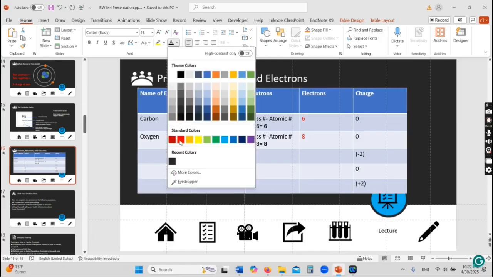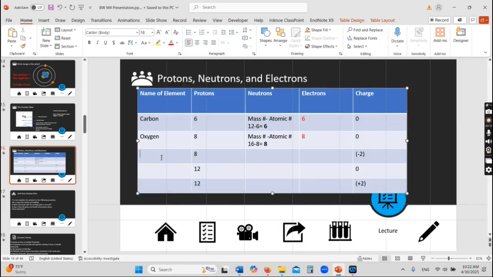Coming up, we're going to have an example where a charge is not 0, and we will walk through that. Again, 8 protons is going to be the same element, oxygen. Our neutrons are going to be the same for this particular example. Oh, not 6, 8. Because our mass number and our atomic number are still the same.